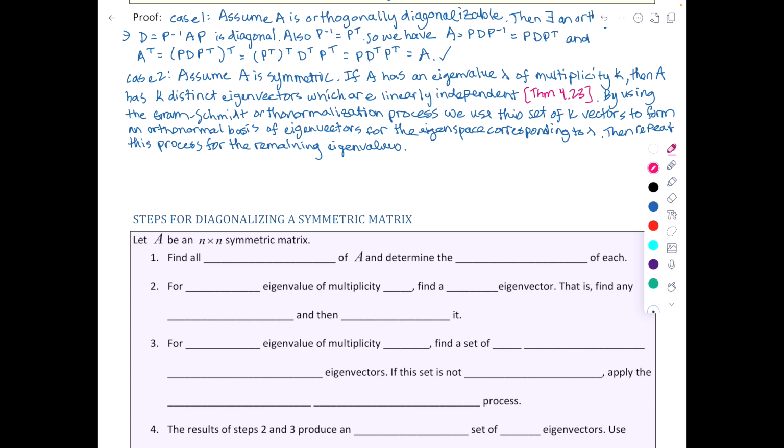And by theorem 4.25 in our workbook, we know that the collection is orthonormal.